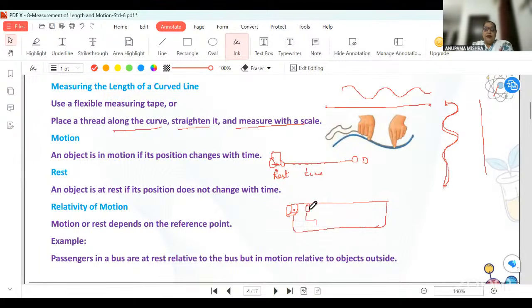Passengers in the bus are always at rest relative to the bus, because the bus is moving from one place to another, but you are not moving. So you are at rest with respect to the bus. But outside, when you look through the window side, you see the tree passes, the bus stop passes. So according to the objects outside, you are in motion.